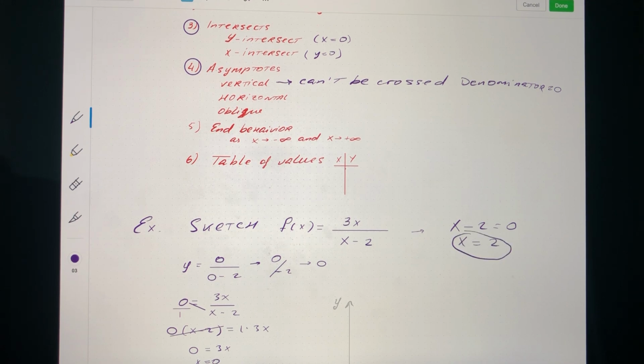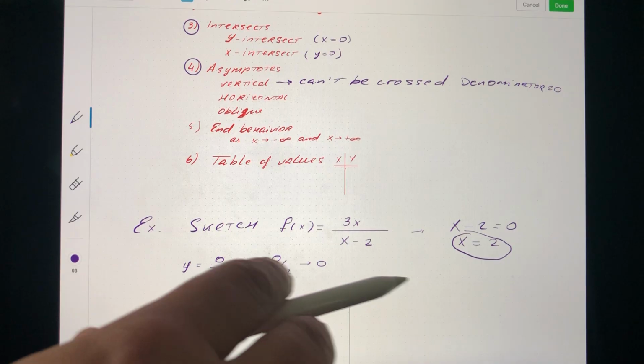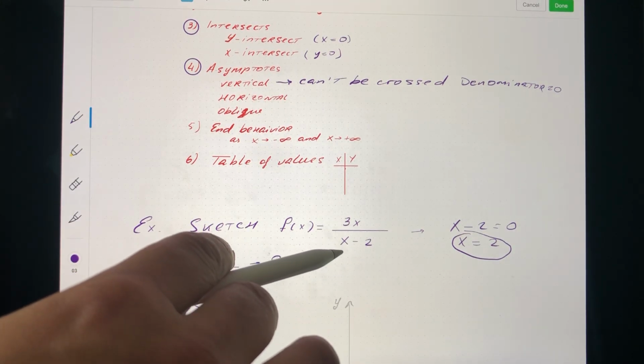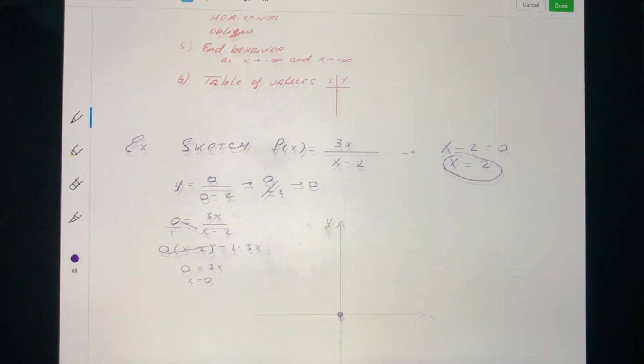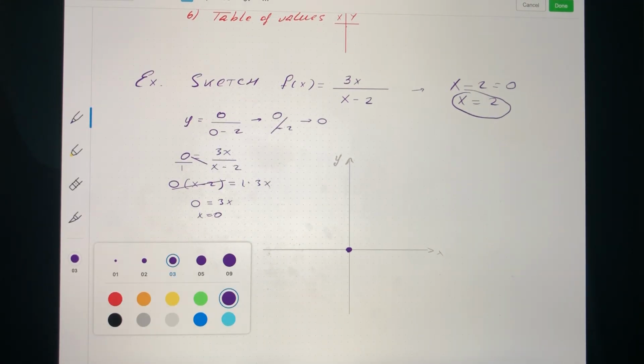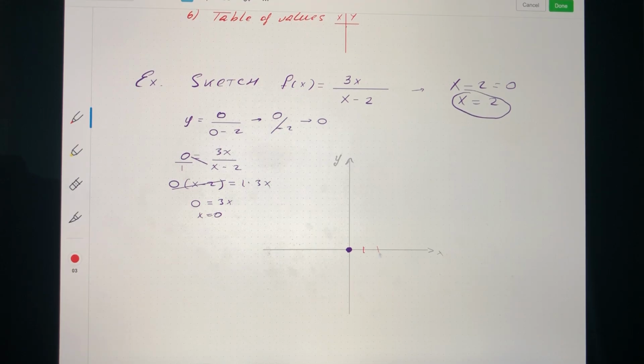So each time x turns to 2, we are going to be dividing by 0, which is impossible. So when x hits 2, our picture will break, and this will be our vertical asymptote. When x gets to 2 here, we will have a vertical line that cannot be broken.